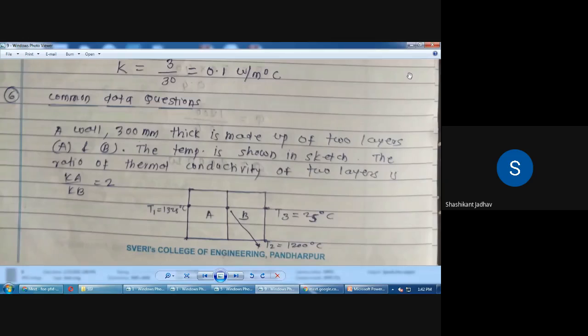Anyone? समजले का बघा? लेयर ए साठी फोरियर्स लॉ लिहा, लेयर बी साठी फोरियर्स लॉ लिहा, ते दोन्ही इक्वेट करा, तुम्हाला काय मिळेल? LA by LB मिळेल. बाकीचे व्हॅल्यू तुम्हाला दिलेले आहेत. सो फ्रॉम दॅट, हा एरिया जो असणार आहे, लेयर ए साठी आणि लेयर बी साठी तो एरिया सेम असणार आहे, कारण एरिया विच इज नॉर्मल टू द डायरेक्शन ऑफ हीट फ्लो, त्या दोन्हीसाठी सेमच एरिया असणार आहे. त्यामुळे एरिया पण कॅन्सल होणार आहे, लक्षात ठेवा.